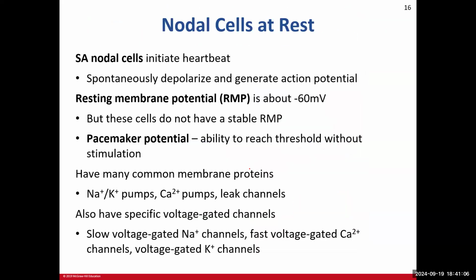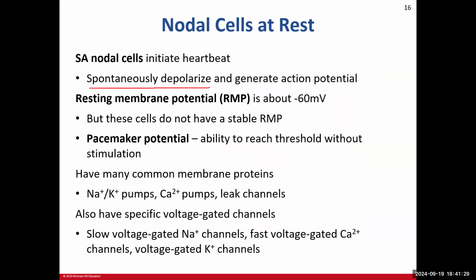Okay. So let's start off like we did in chapter 12 when you were learning about neurons. We're going to start off with everything at rest. You're not doing anything. Everything's just hanging out and living life and being fine. So what we're going to see is the SA nodal cells are going to be doing this process. Spontaneously depolarizing.